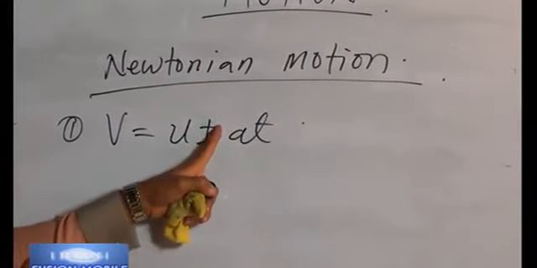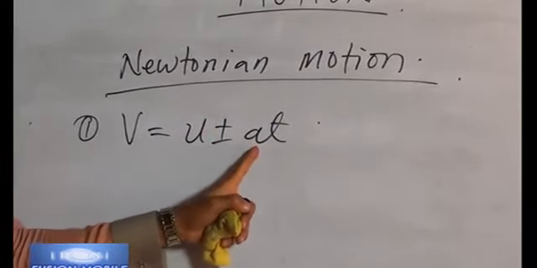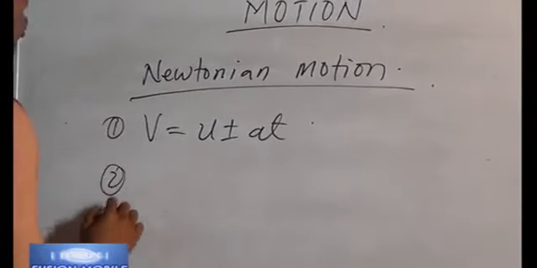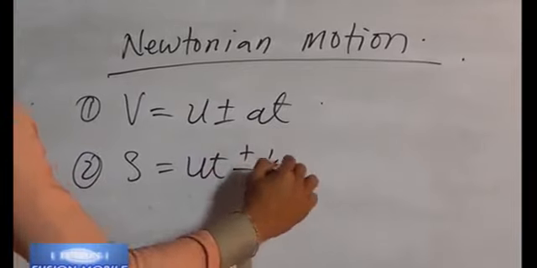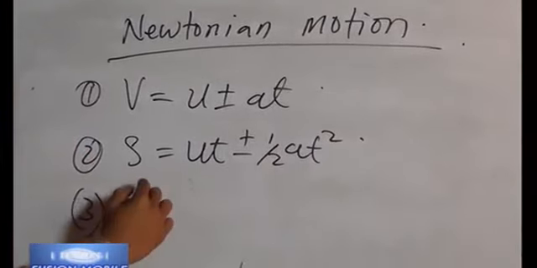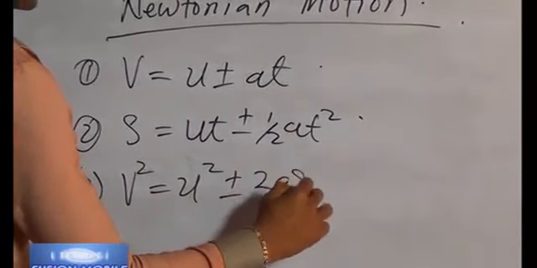The plus there represents when the body is accelerating, while the minus there represents when the body is retarding. The second equation says that x is equal to ut plus or minus half at squared, while the third one, v squared, is equal to u squared plus or minus 2ax.